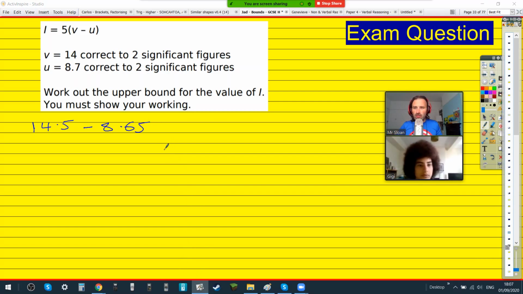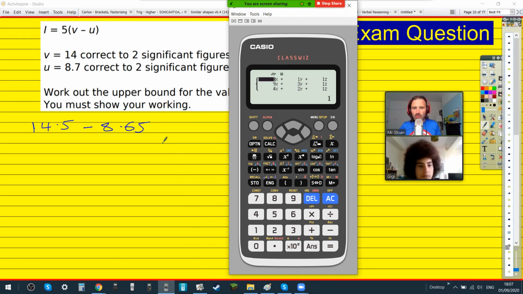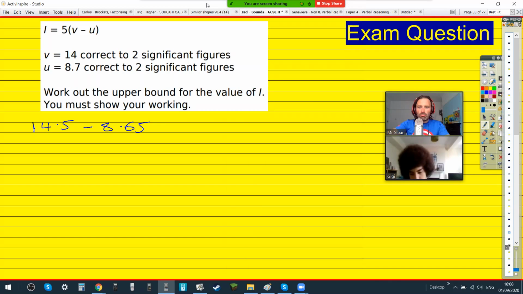Okay, and what would you do with your answer? Times it by 5. So I'll just try putting this in. 14.5 minus... Do you get an answer for it? Yeah, I got minus 28.75.